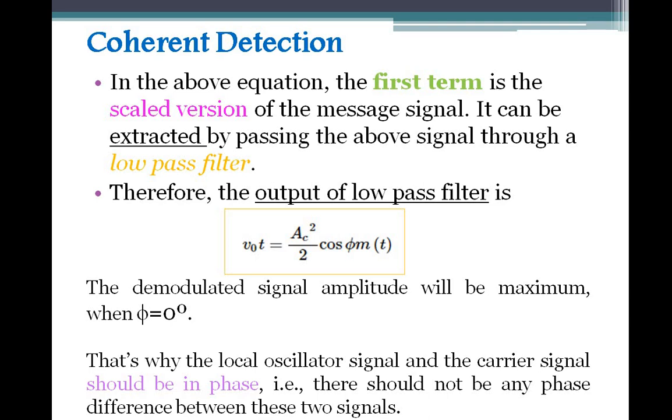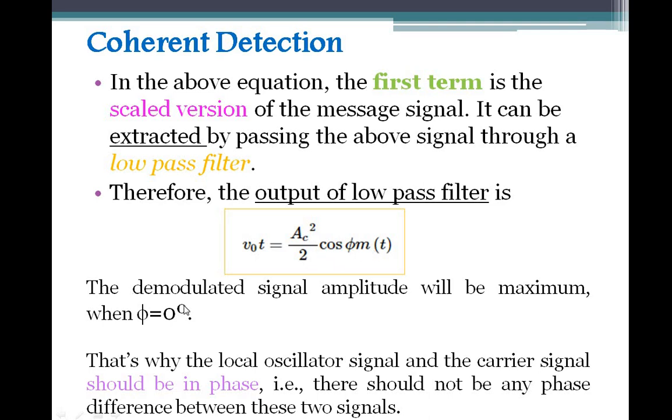The low pass filter gives the output V naught of t equal to Ac square by 2 cos phi m of t.